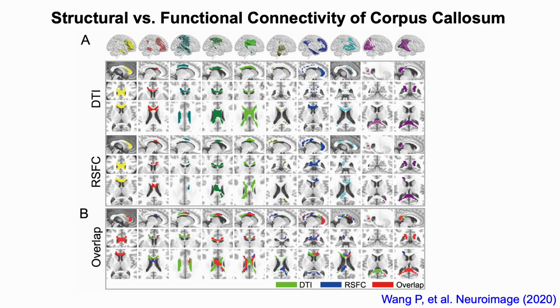And the overlap is the one shown in red. While it's not a perfect overlap, nonetheless we see several subregions of the corpus callosum which match both with resting state functional connectivity as well as DTI.